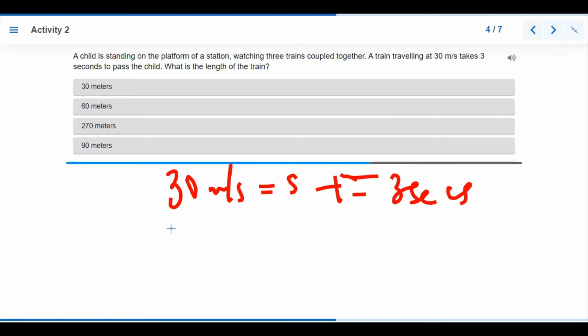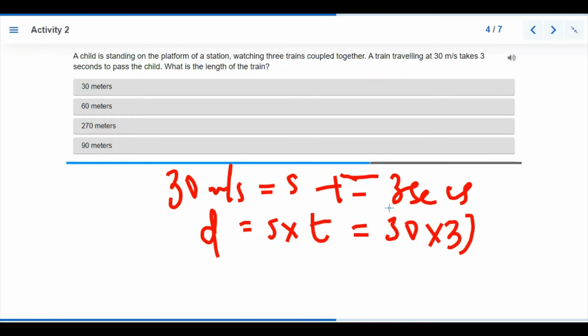What we have to do is to calculate the distance moved by one of the trains and then multiply the distance by 3 since we have 3 trains coupled together. So distance now is speed times time, and that is 30 times 3. That will be meters.